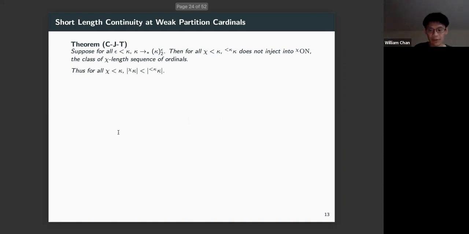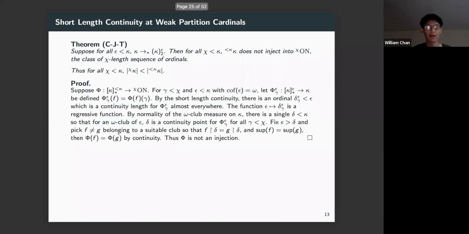Let me just sketch in a few words how these short length continuity results are used. Take any function phi at all from kappa to the less than kappa into chi length sequences of ordinals. We're going to look at the various components of phi.